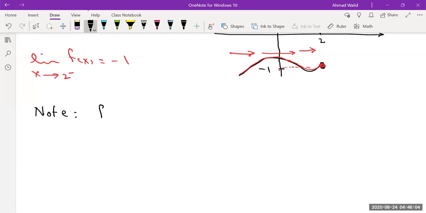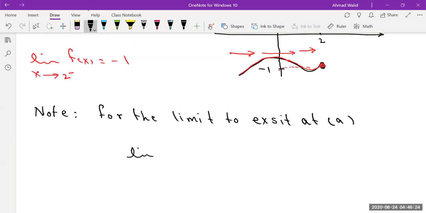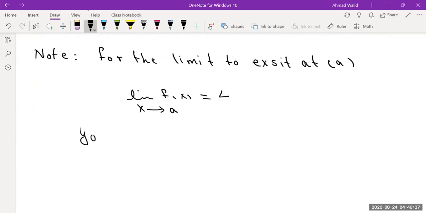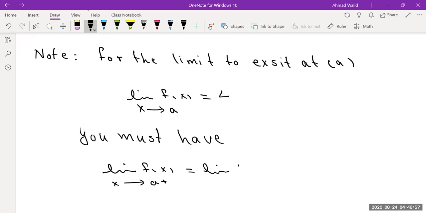For the limit to exist at a point A, which we denote like this, the limit of f of x as x approaching A gives you L, you must have the limit of f of x as x approaching A from the right equal to the limit of f of x as x approaching A from the left.